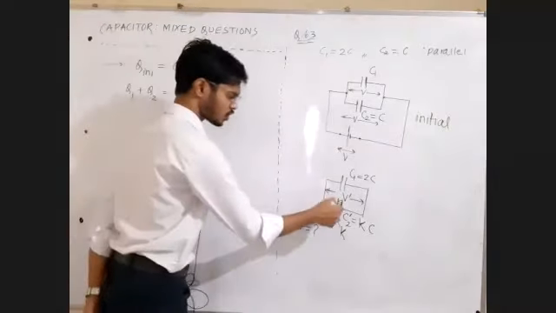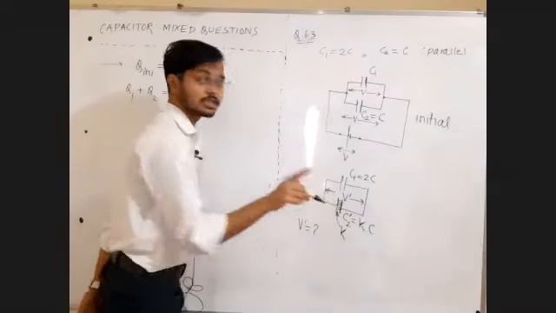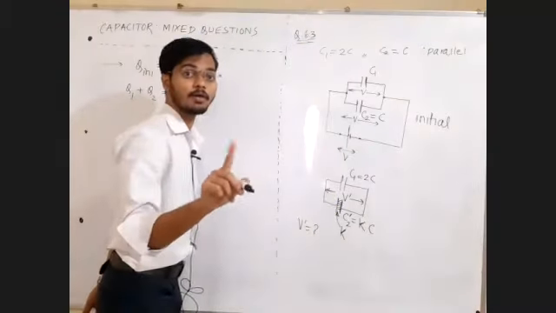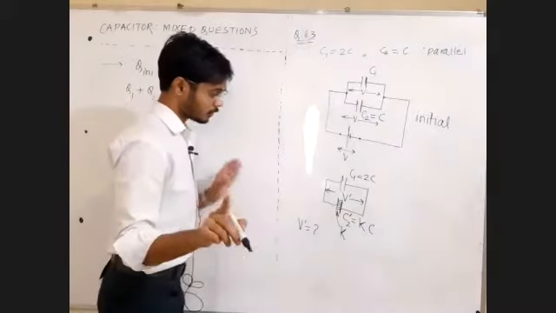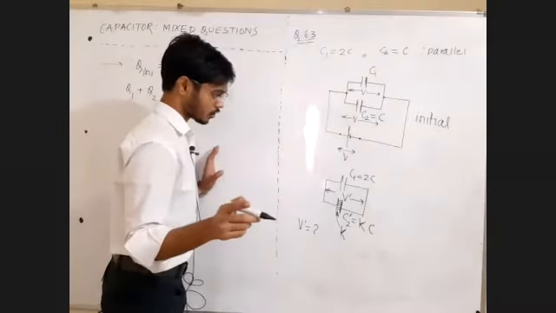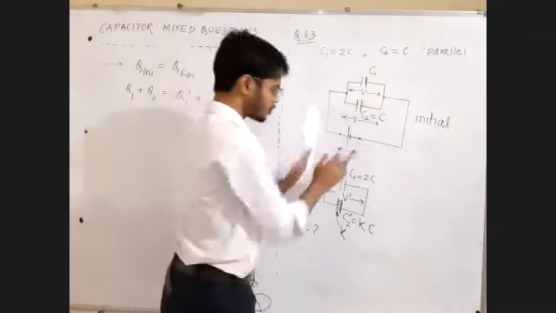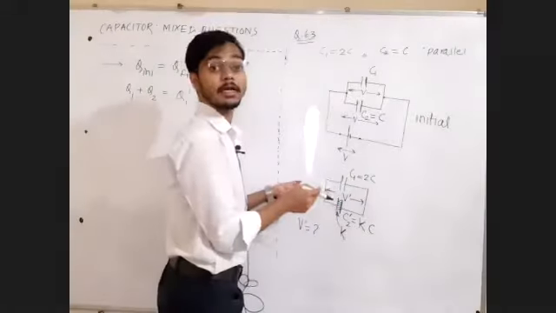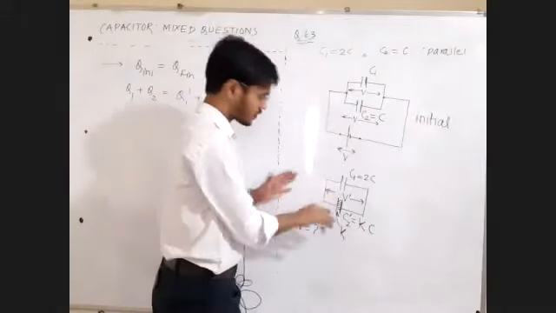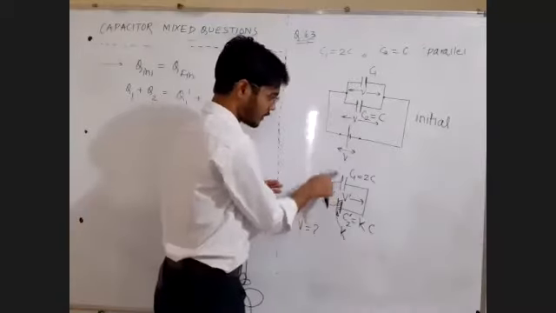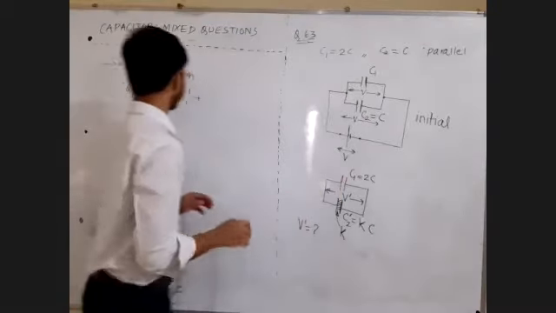Charge will redistribute because capacities have modified. Charge will redistribute, but will not be created or destroyed. Battery is not present, so charge will not be gained or lost. It will get redistributed between these two capacitors depending upon their values of capacity.